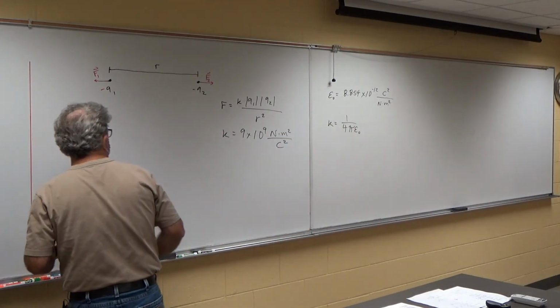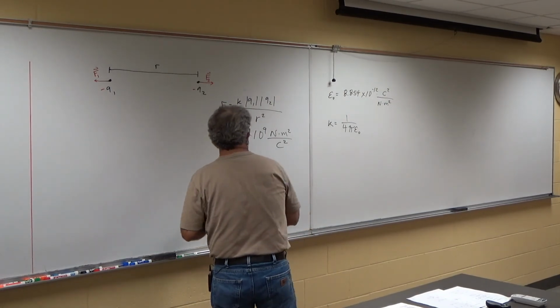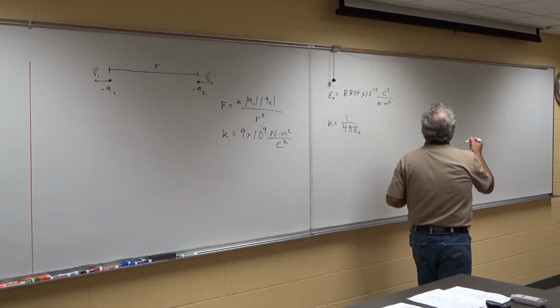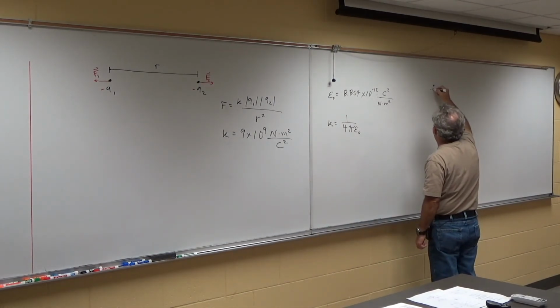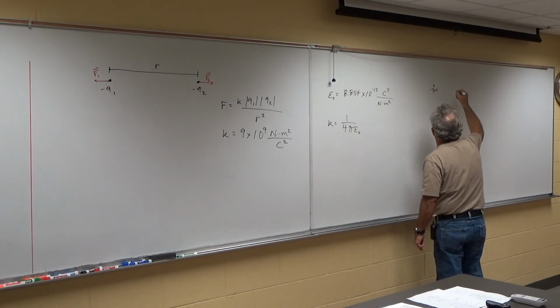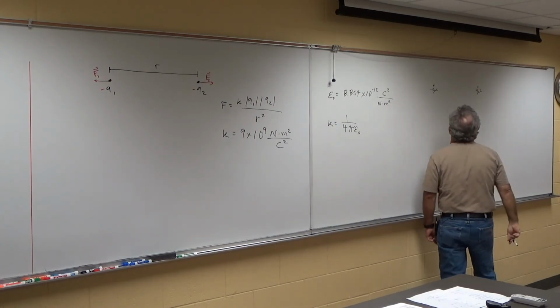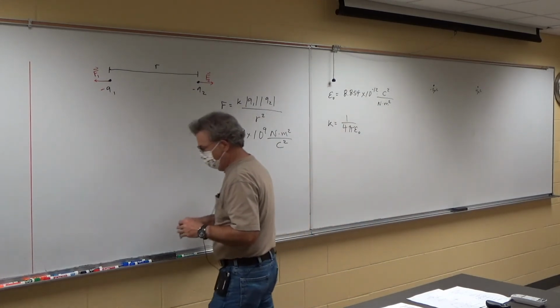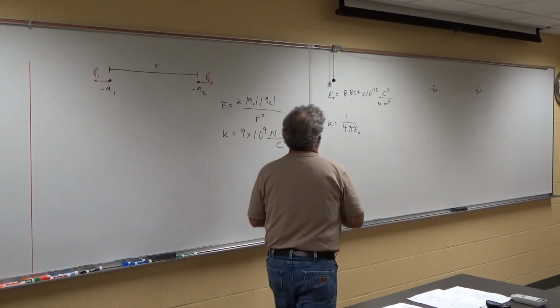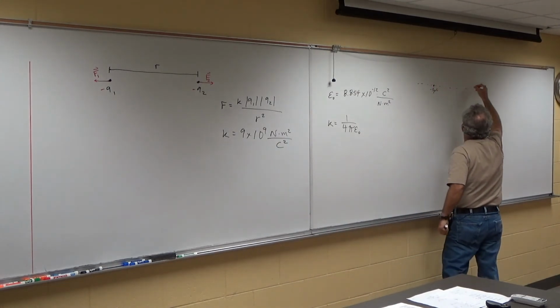So I posed this problem of two charges on a line. Let's say you have a negative 5 microcoulomb charge and a plus 1 microcoulomb charge. And they're on some line. They're fixed. Don't know how they're fixed, but they're fixed.